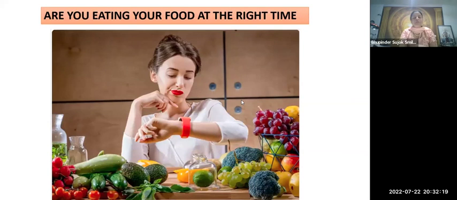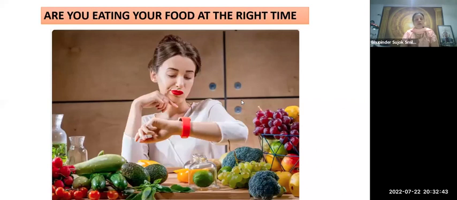But generally what we are doing is eating heavy food during dinner time. Yes, most of the time parties and heavy foods like this, and we are going to restaurants, celebrating some birthday parties, some marriages. So in the morning, generally we skip, either because we are in a hurry.